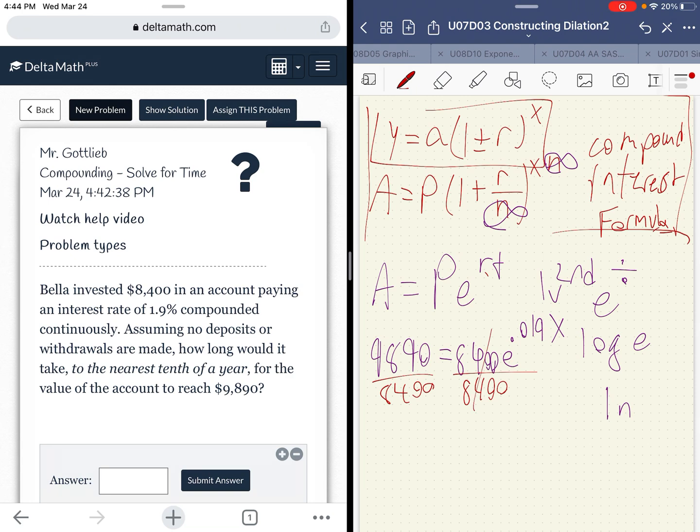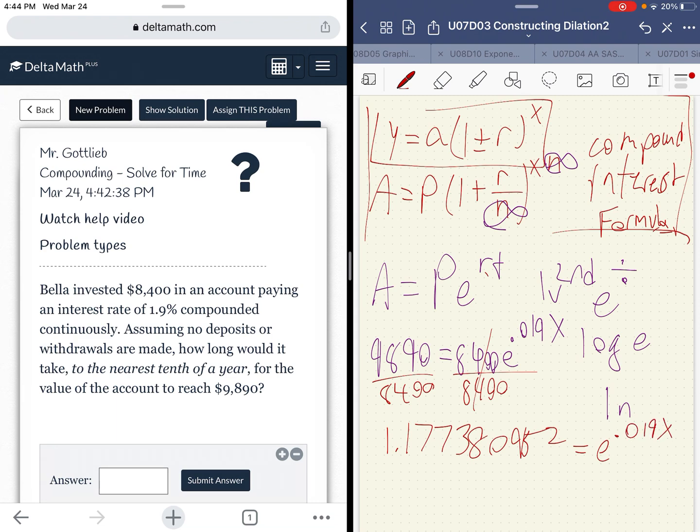And we're just going to have to use a calculator to get that amount. I'm just going to use it on my real calculator, not on my iPad here. So 9890 divided by 8,400 is 1.177380952. You'll notice that I just write down the entire decimal. I don't really worry about rounding until the end of the example.